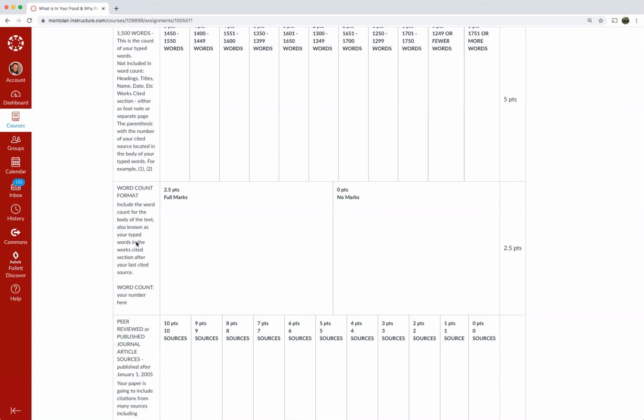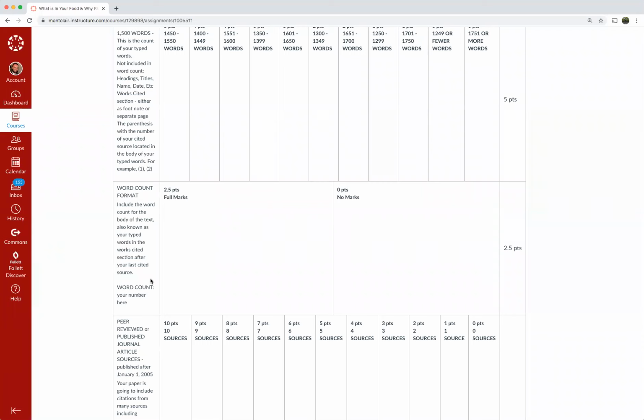If you do a works cited page, then that would be your last page. And below your last cited source, you would put word count, colon, and then the number that you get from your word count.